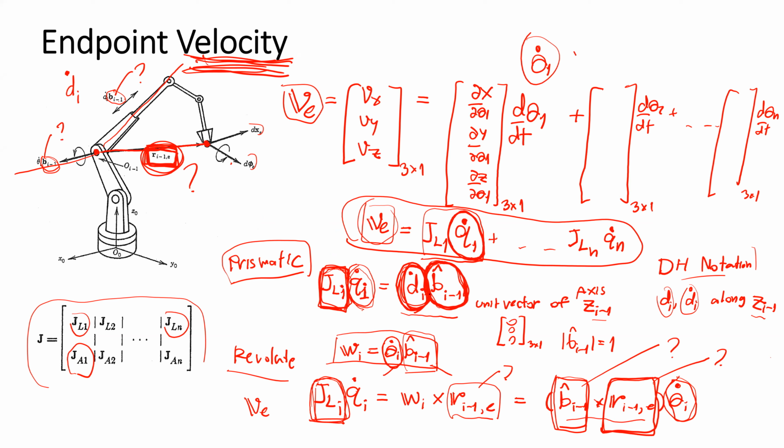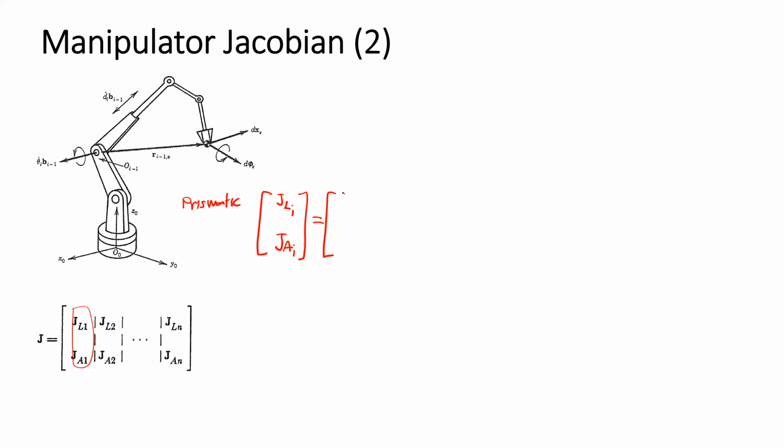For prismatic, we have the unit vector as the first 3 components in the Jacobian for the linear translation. For prismatic, the joint variable is d_i, the joint velocity is d_i dot, and the Jacobian is just the unit vector of that joint, so that we can relate it to the endpoint velocity.